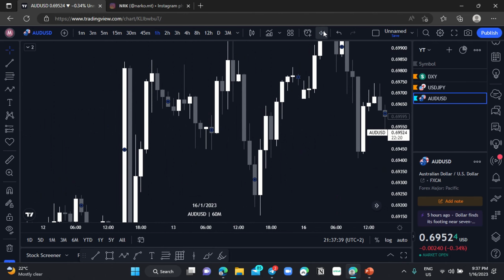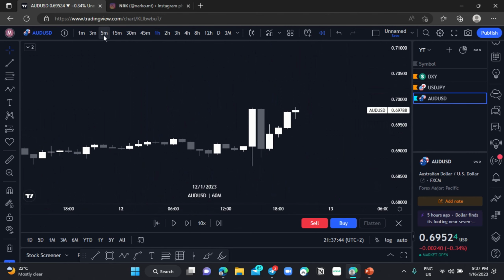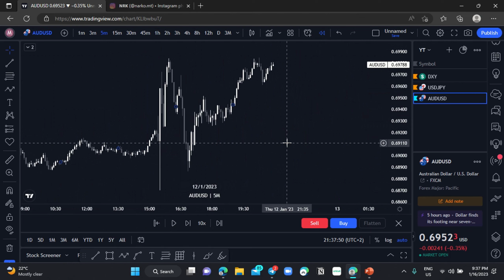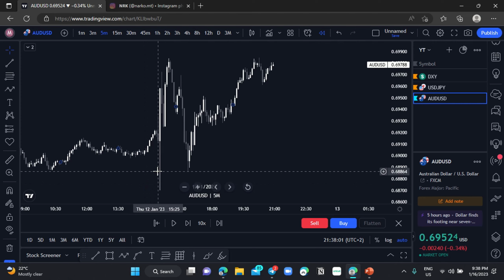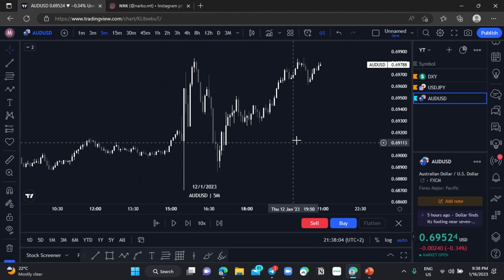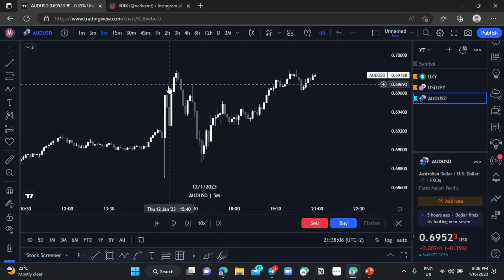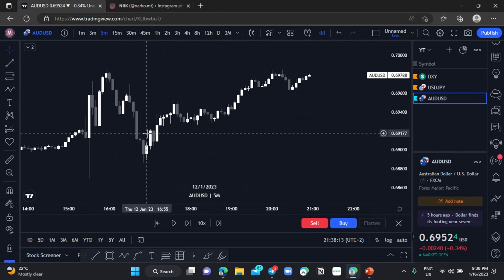Let me just cut charts here and move on to the 5-minute chart. Since CPI, it sold, bought a little, then sold again, then bought on the dollar index and USDJPY chart. Here we are expecting to see something inverse. As you can see here, CPI here, it bought first, sold a little here, then bought and then sold after.